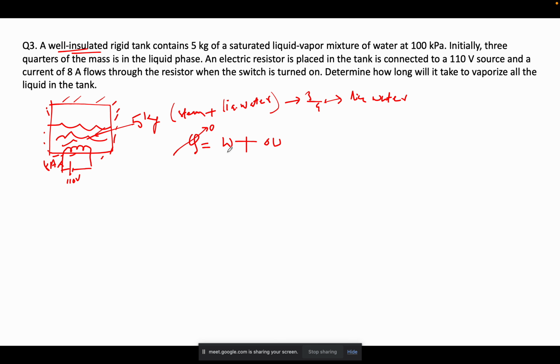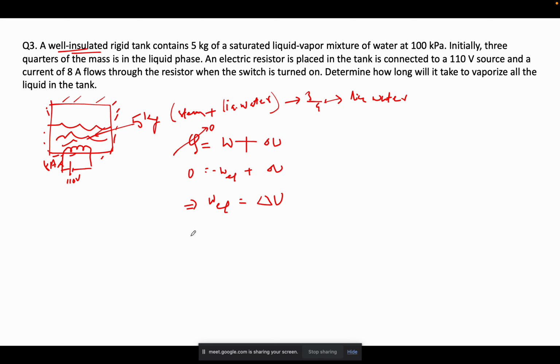Whatever W is there is because of the external work, which is electrical work, so it will be negative. Okay, electrical work is there and then delta U. So whatever W electric is there will be equal to the change in internal energy of the system.